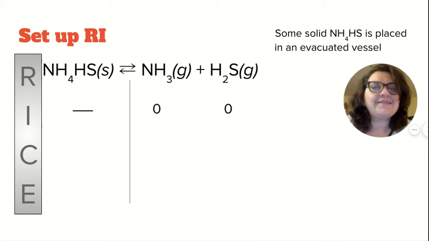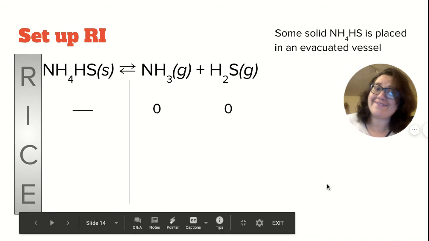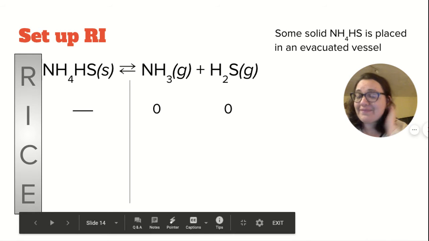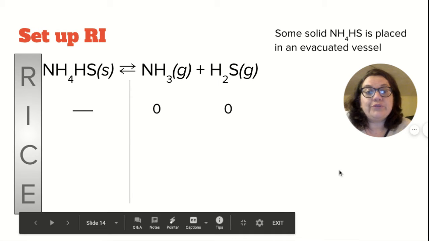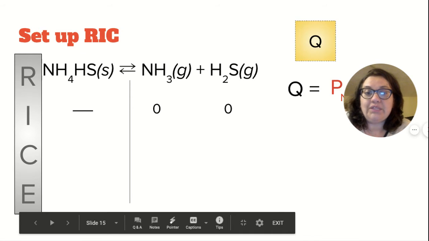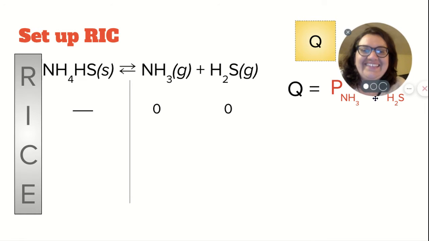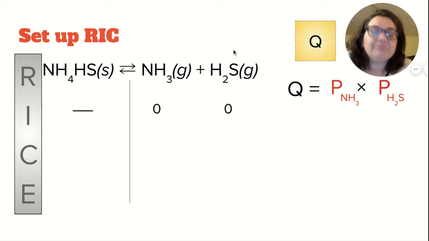The next step is the C, the change. What is the direction of the change going to be? Well, I can't have less than 0. I can't move to the left and make more solid. Therefore, I'm going to have to move to the right. I can only increase. So Q equals the partial pressures multiplied times each other.